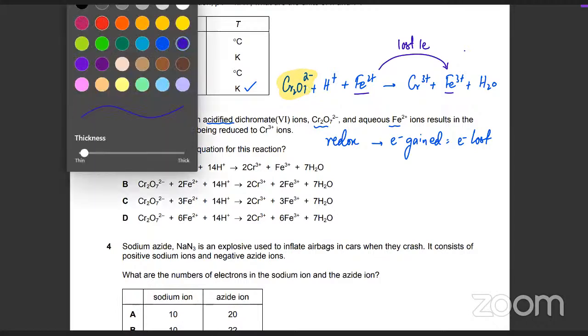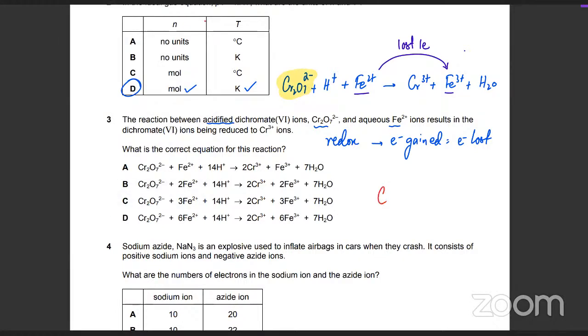How did you find the oxidation state of Cr? In Cr2O7 2-, you don't know what Cr is, so it's X, and there are 2 Cr, so the charge is 2X. Oxygen is -2, and there are 7 of them, and the total charge must be equal to -2. Individual charges add up. Oxygen is -2, chromium is X, you don't know what it is. So if you solve for this, what is it going to come out to be?